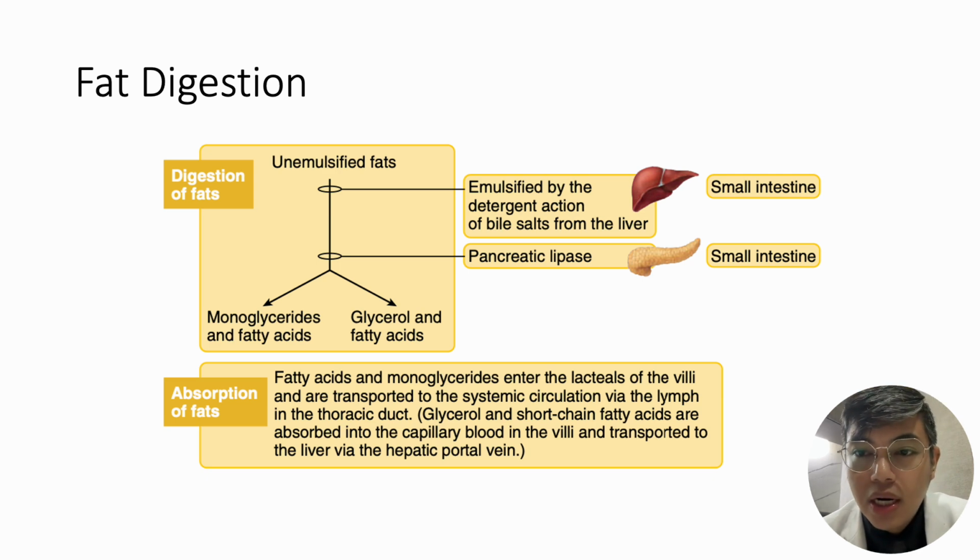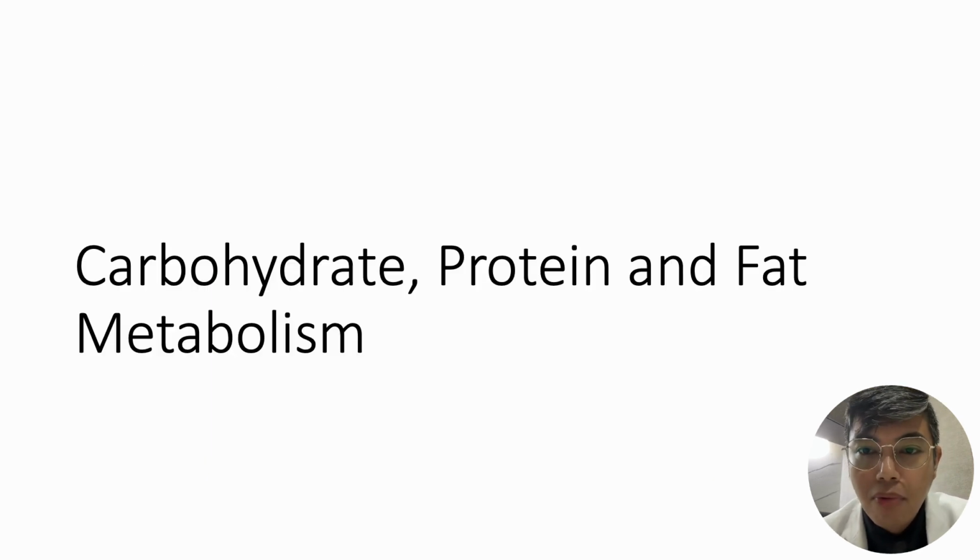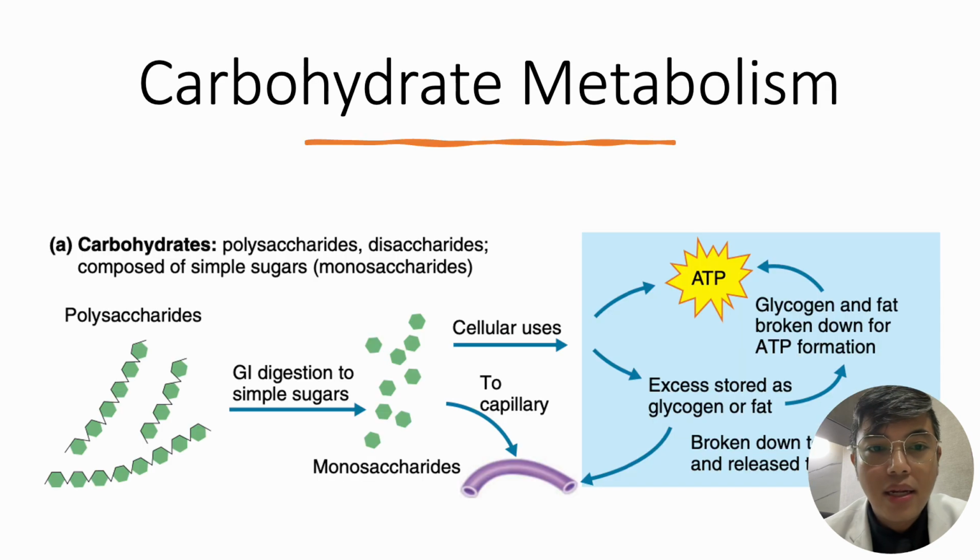Now, let's talk about your carbohydrate, protein, and fat metabolism. So, let's start with your carbohydrates. So, makikita ninyo that your carbohydrates, polysaccharides, disaccharides, monosaccharide lang, tandaan ninyo, glucose lang ang ina-absorb ng ating katawan. Okay?